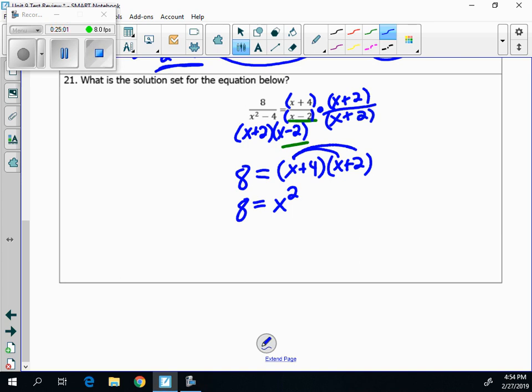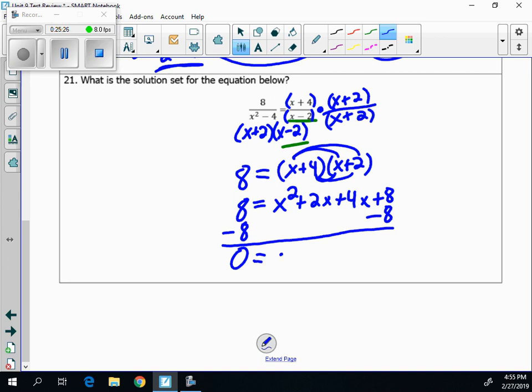Now I see a quadratic, so if it's a quadratic, we gotta think quadratic formula, and just set that up. Or you're thinking factoring, you have to get all the terms to one side. Have the equation equals 0. So x squared, 2x plus 4x is 6x. And 8 minus 8, those get canceled.